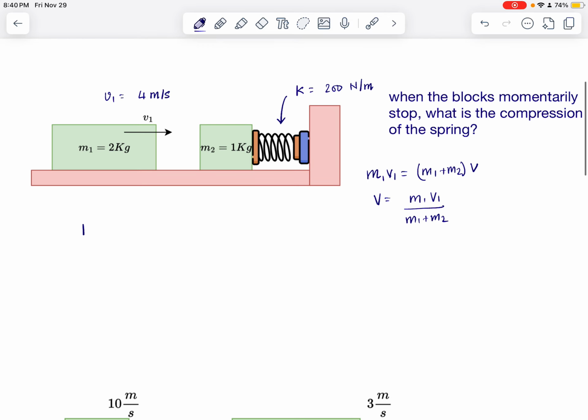So the kinetic energy of the blocks together, after the collision, equals the potential energy of the spring at the maximum compression plus the kinetic energy of the blocks at final compression.